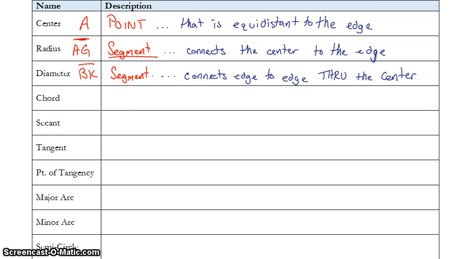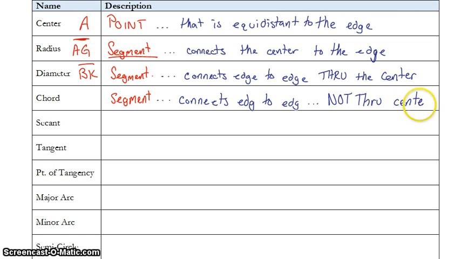A chord. A chord is also a segment. So we're very specific here whether we're dealing with segments, points, or lines. And a chord is very similar to a diameter. It also connects edge to edge. But this time it is not through the center.